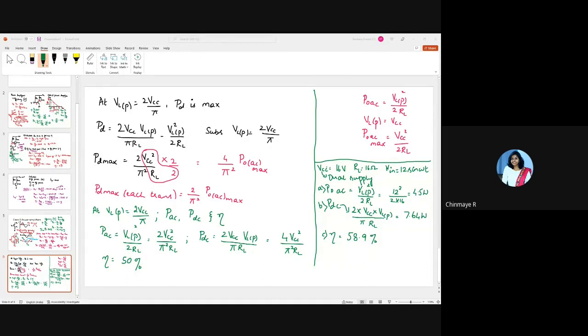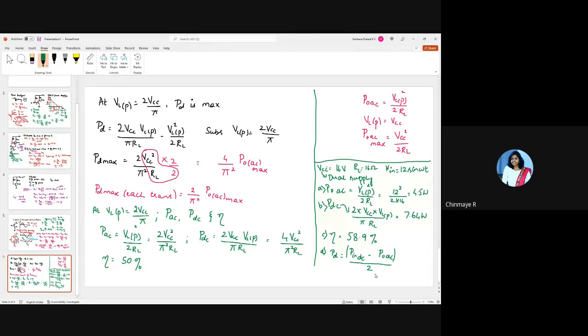What is the power dissipated in each transistor? So the power dissipated in each transistor, which is PD, will be equal to P in DC minus P out AC, so the power that is not converted to AC, divided by 2. Why divided by 2? Because this is the total power that is dissipated by both the transistors, and the power dissipated by each transistor, you're going to divide that by 2.